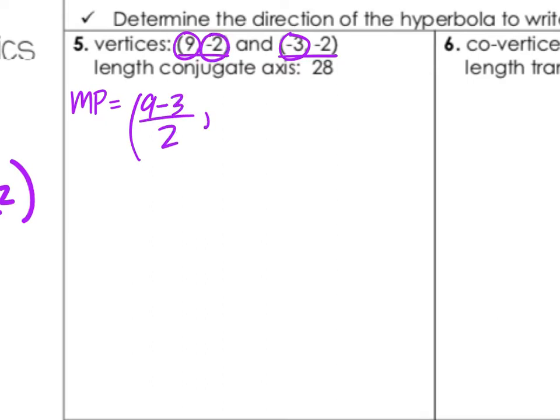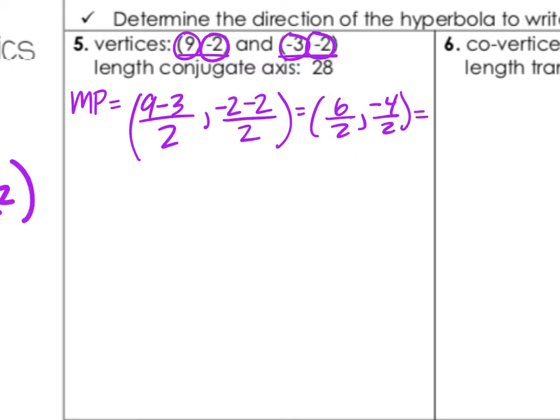And then we have the two y's, -2 plus -2 over 2, and then simplify. So 9 minus 3 is 6 over 2. -2 minus 2 is -4 over 2, and then we can simplify that to be 3, -2, and that's the center.